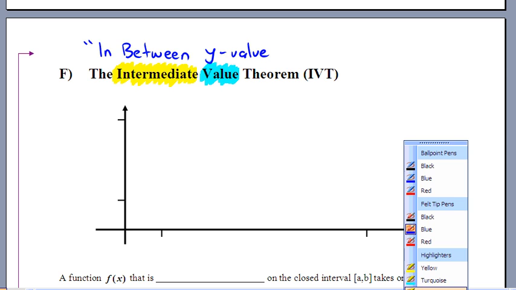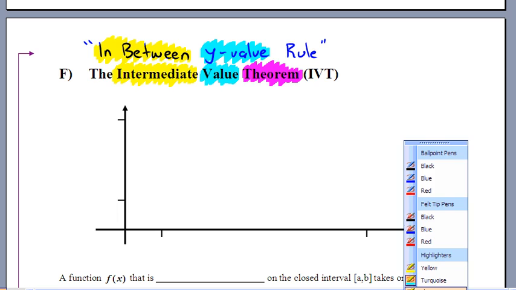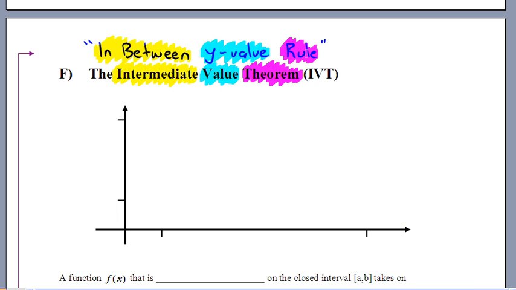And then theorems are just rules. When they say it's a theorem, it's some sort of rule that I know is going to be true every single time. So if people say they're going to be talking about the intermediate value theorem, they're talking about the in-between y value rule. That's all it is.